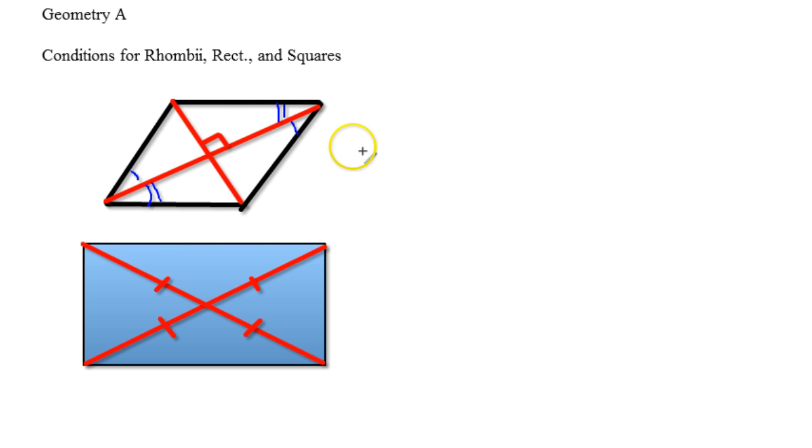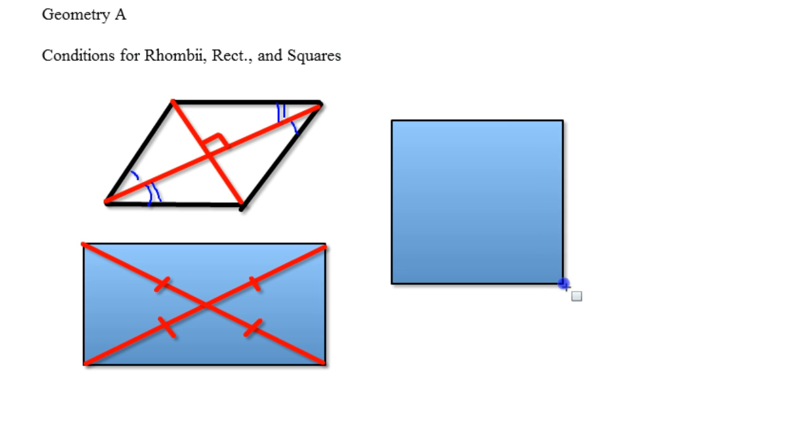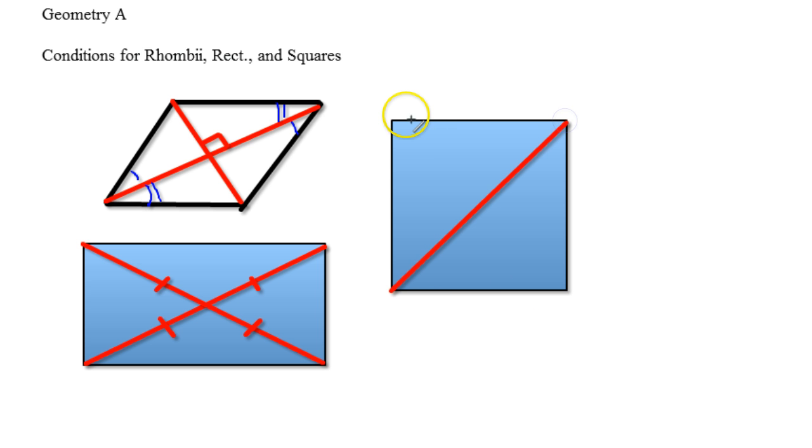And if you wanted to actually have a square, it would need to have both of these properties. In other words, if we were dealing with a square, we would have diagonals that perpendicularly bisect each other, which is one of the properties of a rhombus, and they bisect the angles, which is also another property of a rhombus, but also these diagonals are equal.